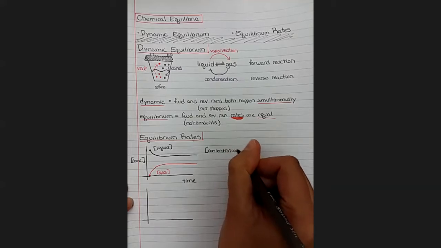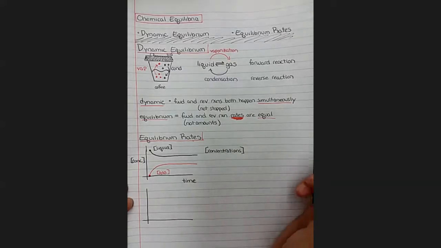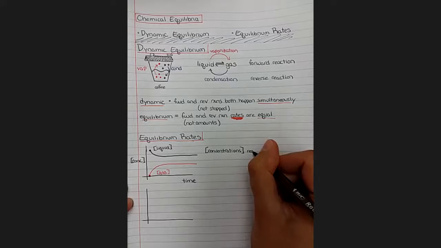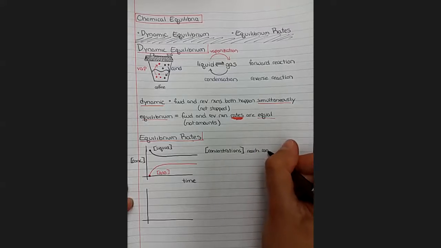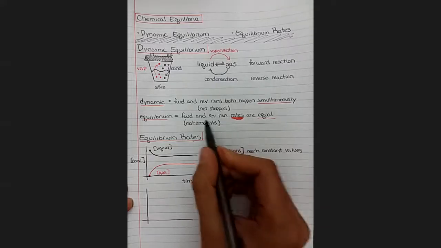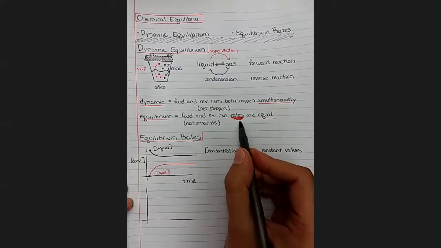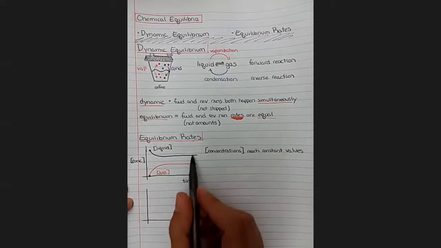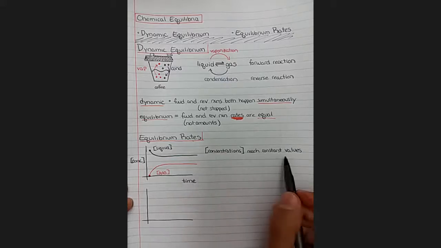We're going to start using this bracket to indicate concentrations. The concentrations reach constant values at equilibrium. Now remember, the reaction rates are the one that's equal. The concentrations are not equal. These lines are not in the same spot, but they do level off. They've reached a constant value.